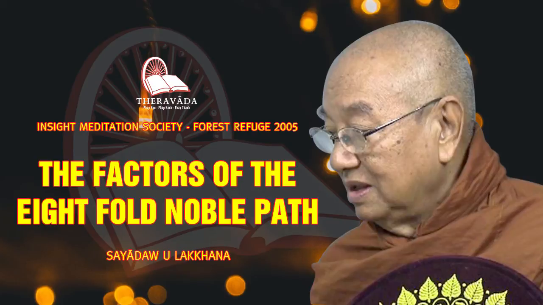So first of all, panatipata varamani sikkhapadam samadhiyami. I undertake the precept to abstain from taking life. So if one takes the lives of other beings, this is impure conduct. This is not right conduct. So one abstains from that sort of actions and therefore has right conduct, pure conduct.